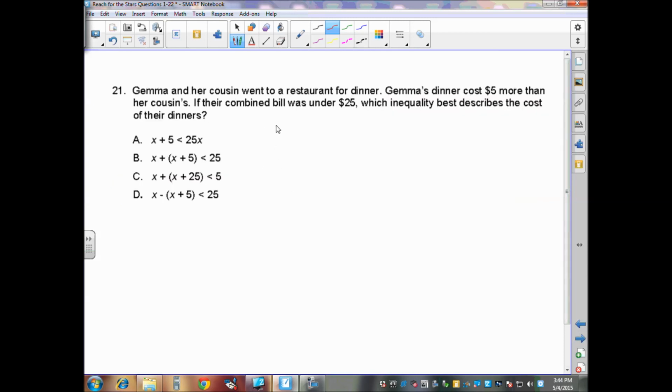They go to a restaurant. Her dinner costs $5 more than her cousin's. If combined it was under $25, which best describes the cost of her dinners? So let's let x be the cousin. When you are working word problems, the smaller one is normally your variable.